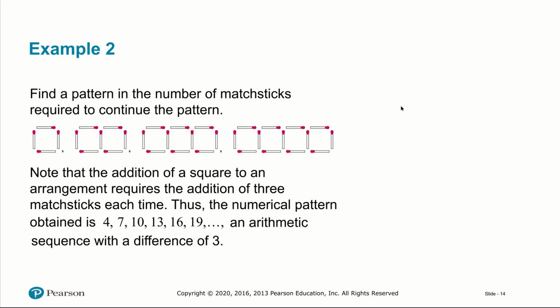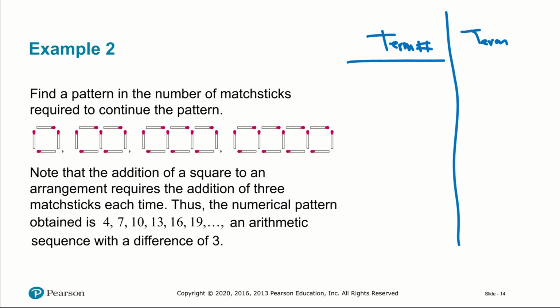Notice that in this example, we have a graphic example of an arithmetic sequence. For each term of this sequence, let's say term number and then the term itself. So if the term number is 1, meaning the first term, you have how many matchsticks?